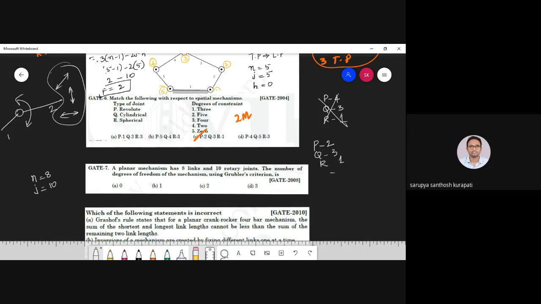The number of degrees of freedom of the mechanism, so he is asking the F value. Directly you can substitute: 3 into 8 minus 1, minus 2 into 10. 3 sevens are 21, minus 20, so 1. So the option is B.